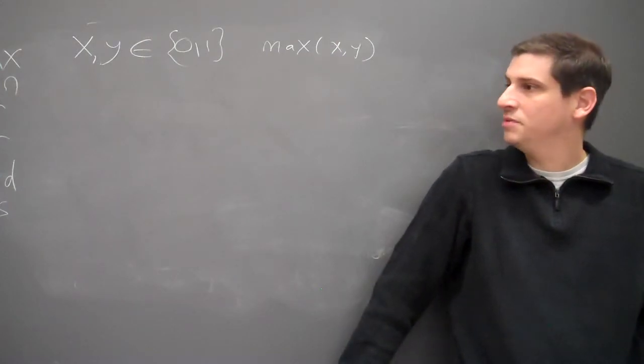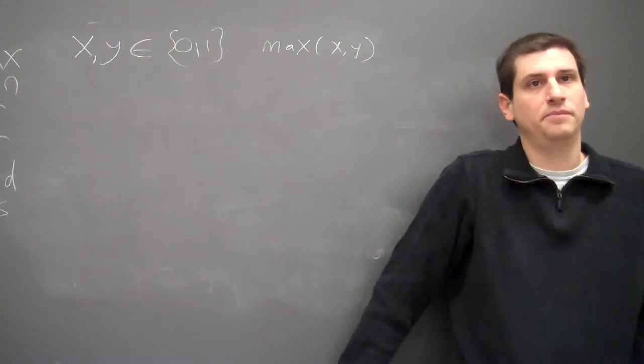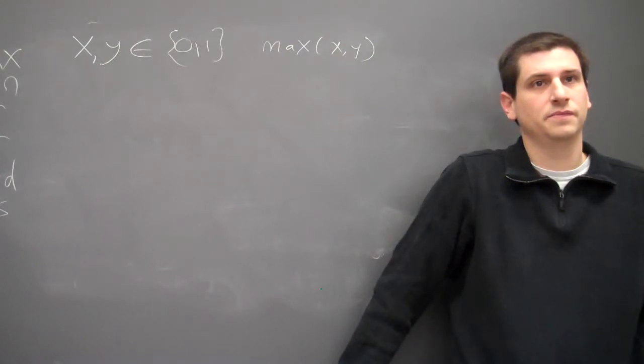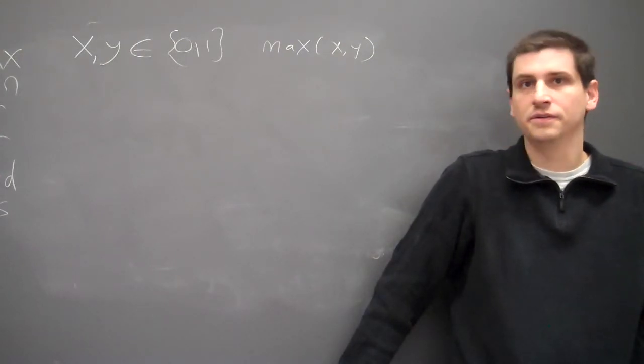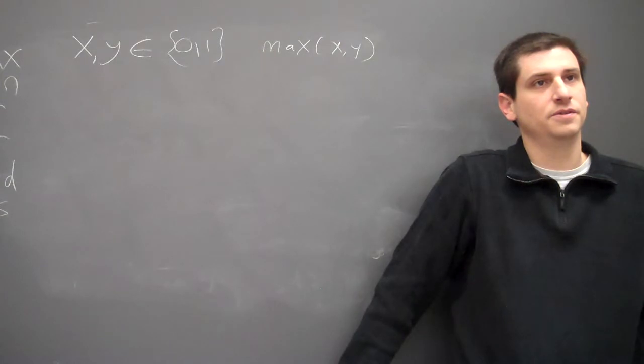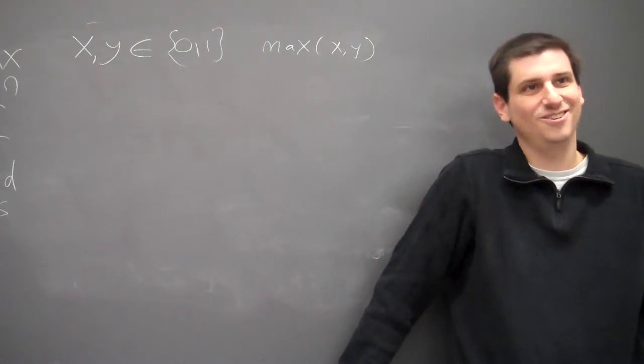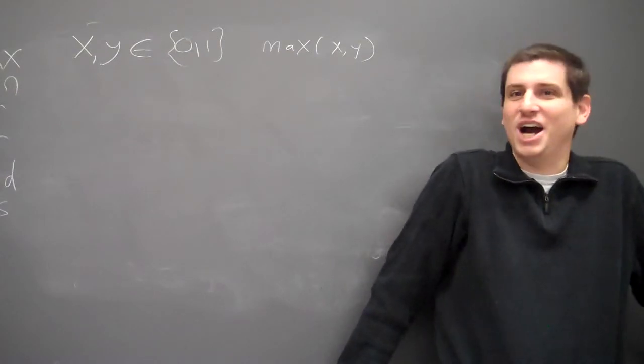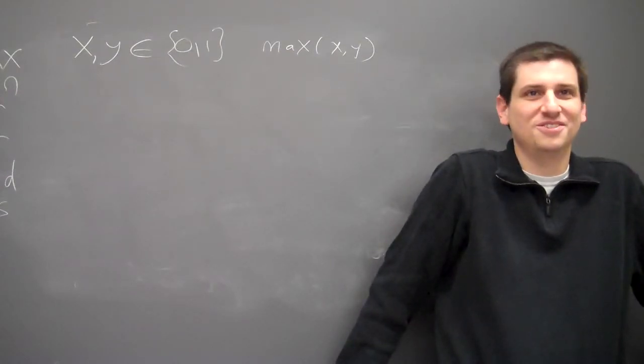So how would you do the maximum of x and y? This one's not too bad. What's the maximum value going to be? It's going to be 0 or 1. So how would we figure out if it's 1 or 0?